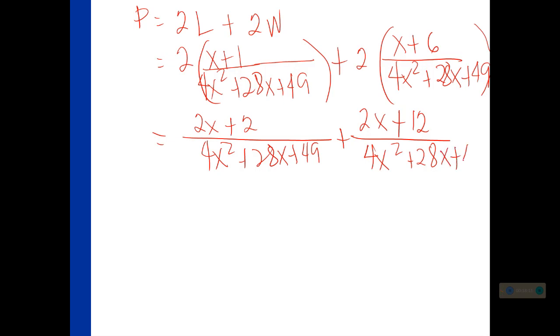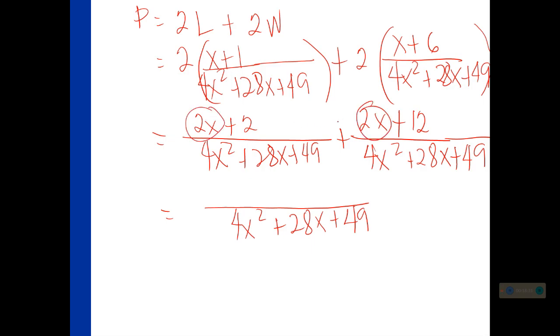And then you now have these fractions or the RAE with the same denominators. So, as I said earlier, you copy the denominator, then add the numerators. So, we have here 2x plus 2x is 4x. And then, 2 plus 12 is 14.